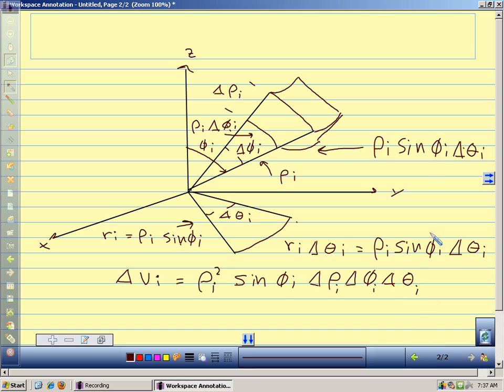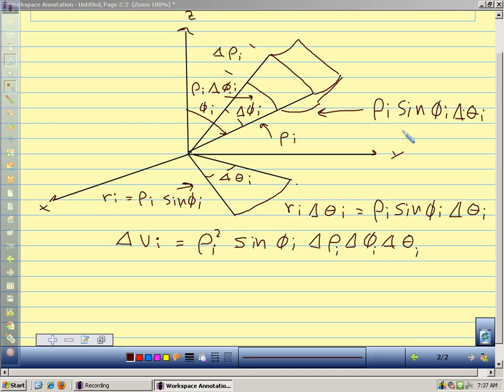So this is our volume element, and we're going to sum these over our region and take the limit as the delta rho, delta phi, and delta theta go to 0.